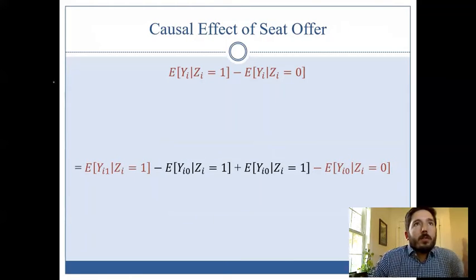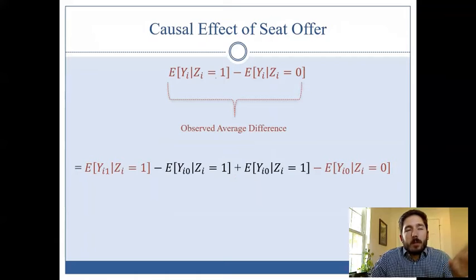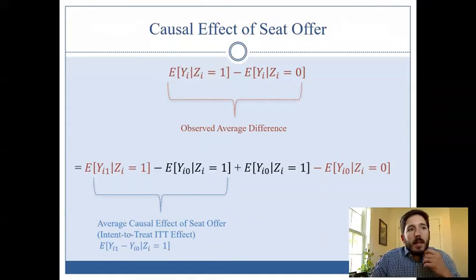Okay, so thinking about the causal effect of a seat offer, this is just putting this in the potential outcomes framework in the same way that we had before, right? We've got our observed average difference between the scores of the people who are offered versus not offered the seats. And here we have this average causal effect of a seat offer. Sometimes that's called the intent to treat effect. So these are the people that were intended to be treated, right? They were given the opportunity to receive the treatment.